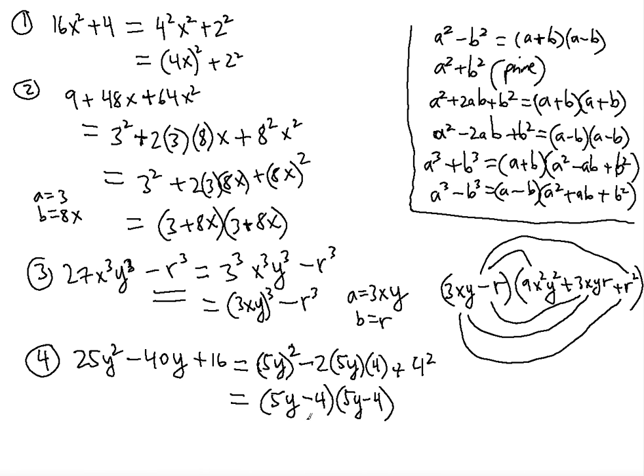Using the FOIL method, the first term gives 25y squared, because squaring 5y gives you 25y squared. Minus 20y minus 20y gives you minus 40y, which is great, so it checks. And then the last term gives you positive 16, which also checks. Okay, so it is what we suspected originally. It is the square of a difference of a and b. Okay, the fourth line.